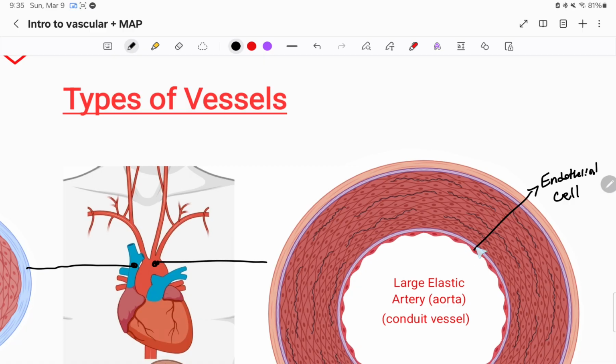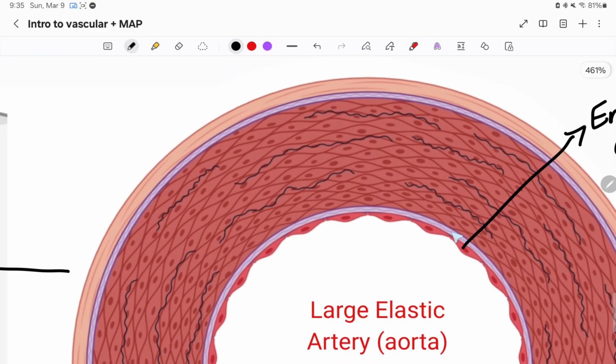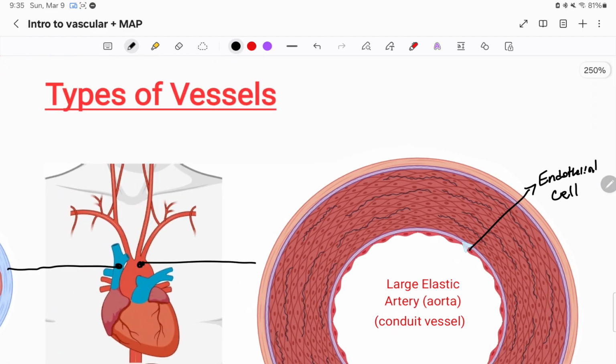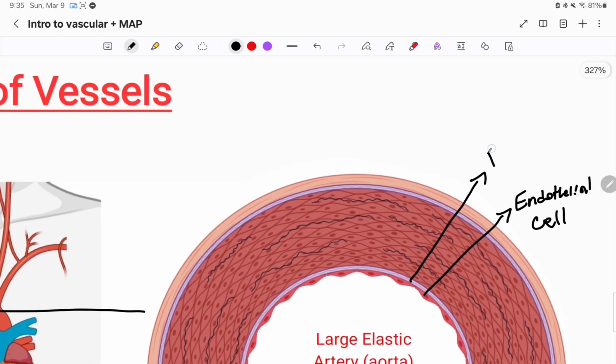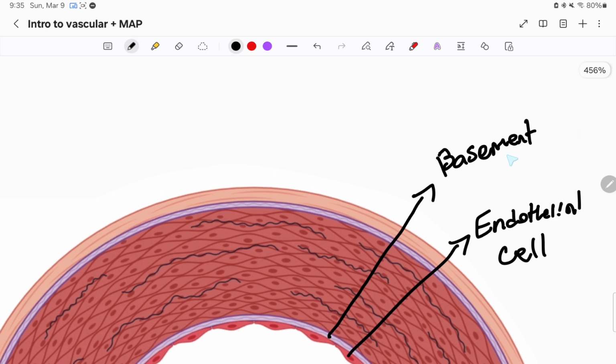Working our way a little outward, I see this little purple bit, and this purple bit is just going to be a basement membrane. The basement membrane is essentially just the extracellular matrix that is right behind the endothelial cell. If you want to know, the basement membrane is made up of type 4 collagen and laminins and all that stuff.